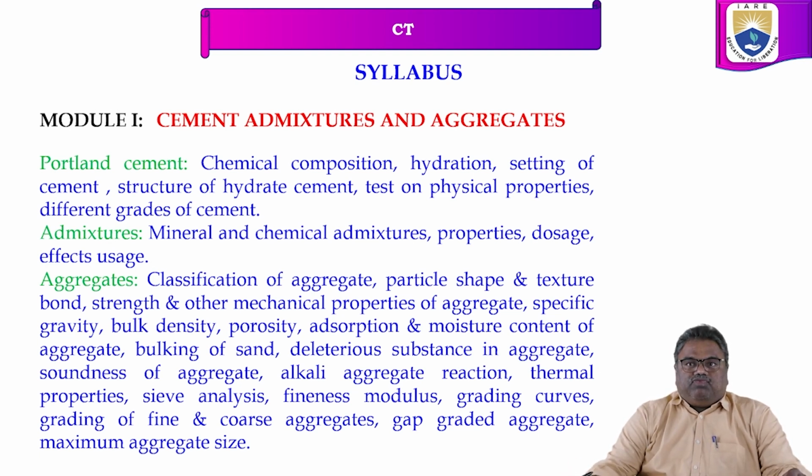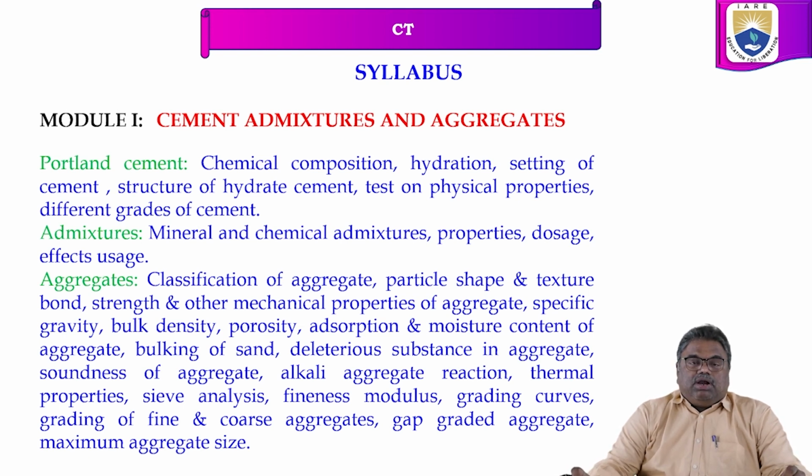What is the shape of fine aggregate? What is the shape of coarse aggregate? The shape will also affect the properties of the concrete. Texture, bond. This is also very, very important in the concrete.